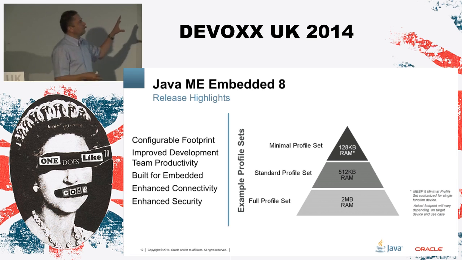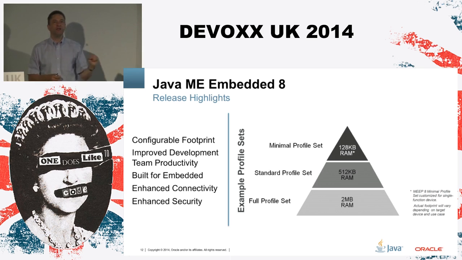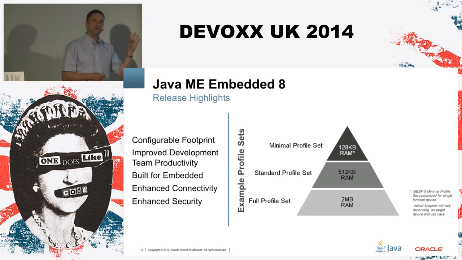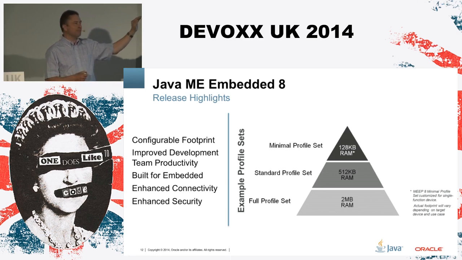Now, in terms of Java ME embedded, you can actually squeeze it down into a very small device. From the actual RAM point of view, the minimum profile set requires about 128 kilobytes of RAM. That's kilobytes, not megabytes, not gigabytes. So that is very, very small. You can go up to the standard profile set, 512K, so half a megabyte.